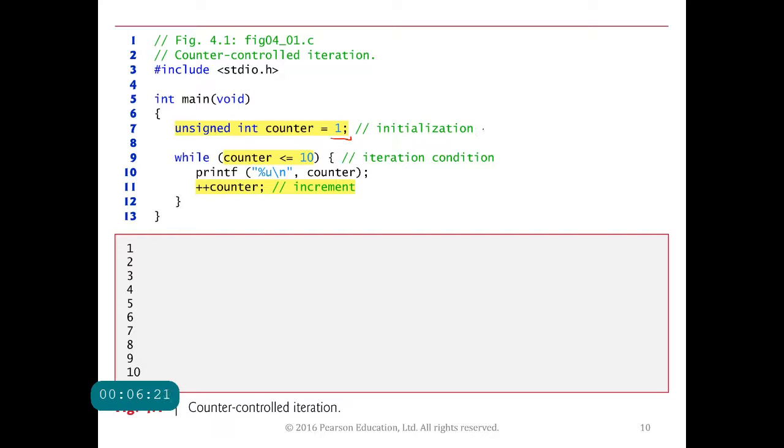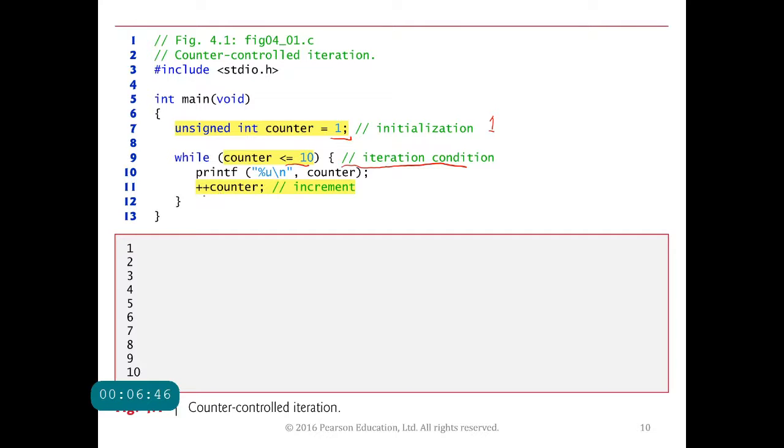So that's the first step. Initialization is the first thing that you need. Then when you get to your while statement, now in this loop, you have to specify the iteration condition. So that's the condition that once it is false, your loop will stop.